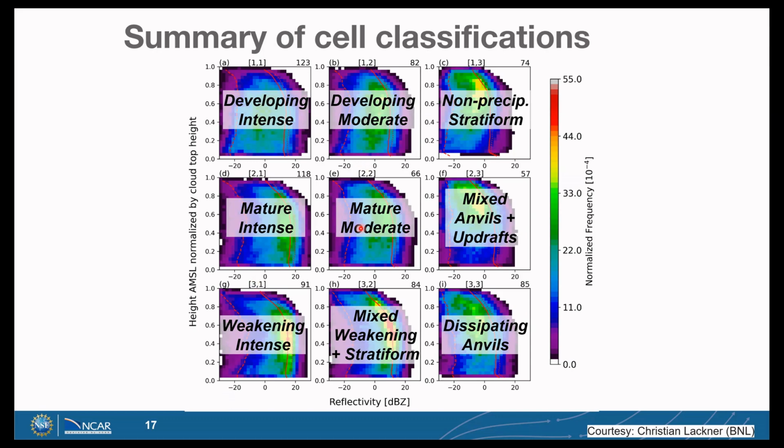We have these more moderate, not as intense life cycles. We have more stratiform type of clouds, and then these anvil type of clouds, which come about from more dissipating cells and dissipating systems. I'm just going to focus on this life cycle transition from developing to mature to weakening, just for the sake of time.